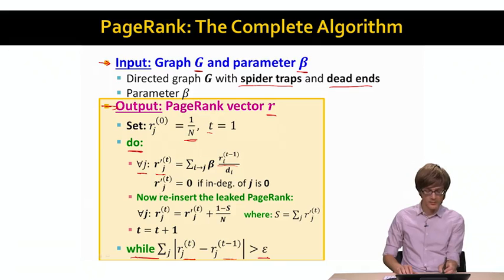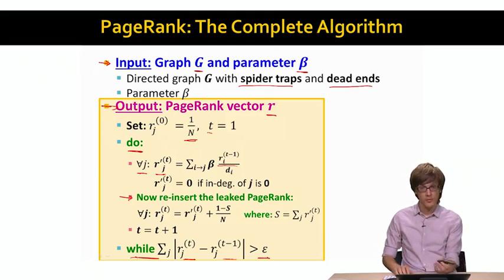Of course, we have to be careful: if a node has in-degree 0, then we set its PageRank score to 0. And then, of course, if we have dead ends, the PageRank will leak out. So now we need to figure out how much of the PageRank has leaked out, and then reinsert the missing PageRank scores into our rank vector.